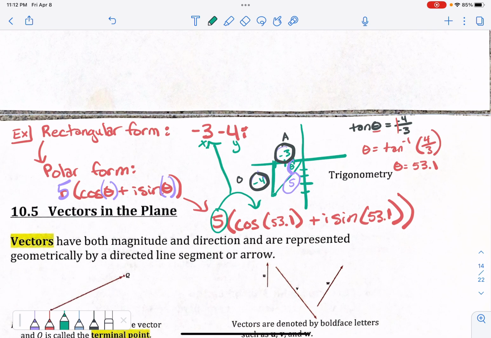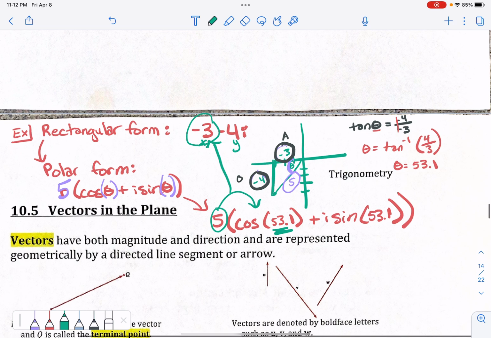It might not be exactly because 53.1 was rounded, but you can multiply those through and check your answer to get -3. If you take 5 times sine of 53.1, you should get something close to -4, and that's a way of checking your answer. So going from rectangular form to polar form and back should be fairly easy, okay? The one direction is a little bit harder just because you have to map it out and do that. But, you know, that's that.